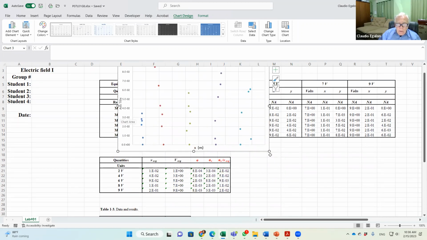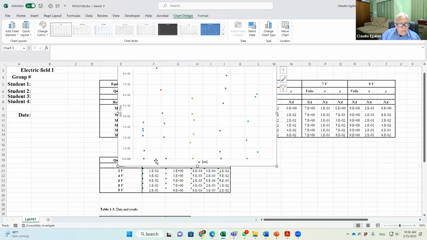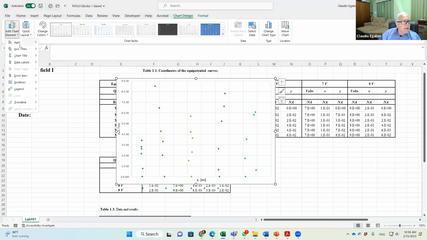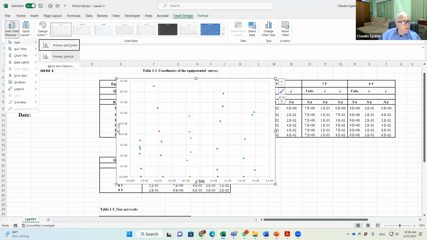Oh, what happened to the numbers? It's strange, there's no number here. I'm puzzled. It looks like I have to replot my graph. Let me see, axis, primary horizontal.